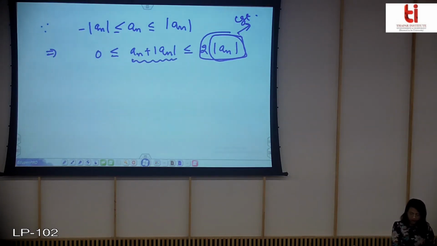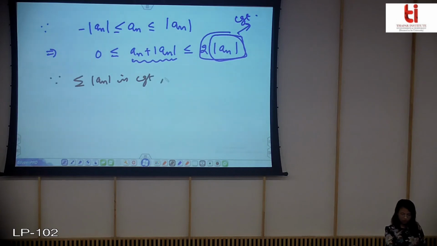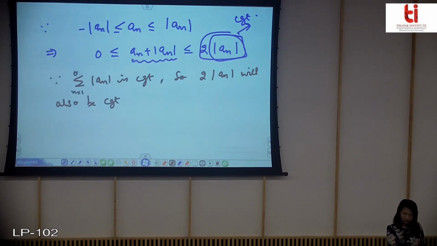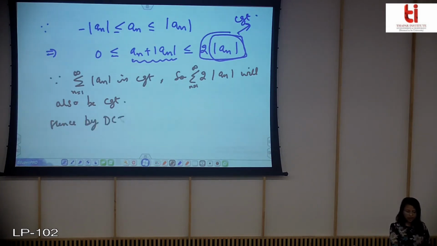Now we can write that since the sum of mod of an is convergent, 2 times the sum of mod of an, from n equals 1 to infinity, will also be convergent. Hence, by the direct comparison test, the summation from n equals 1 to infinity of an plus mod of an will also be convergent.